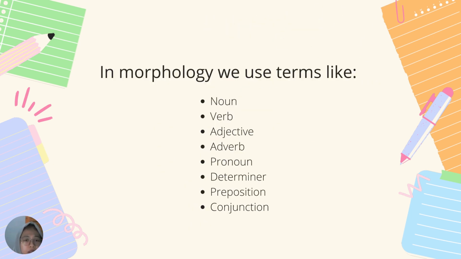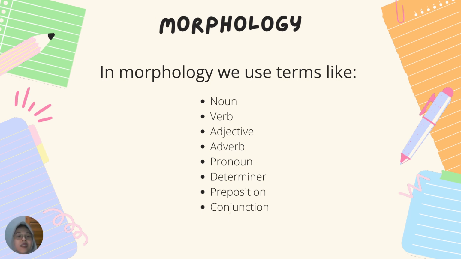Sorry, I think I forgot this. I haven't thought about the examples. Noun is like table, car, what else? Cupboard, glasses. Verb is like cook, eat, write. Adjective like beautiful, diligent.